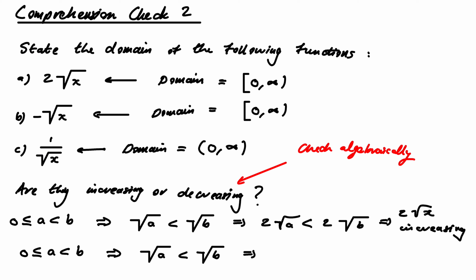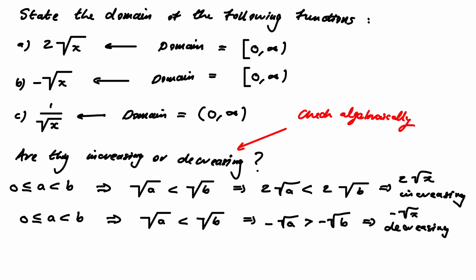That's the same as multiplying by -1. So that means it reverses the inequality. What does that mean? It's decreasing by definition. Quite tricky.